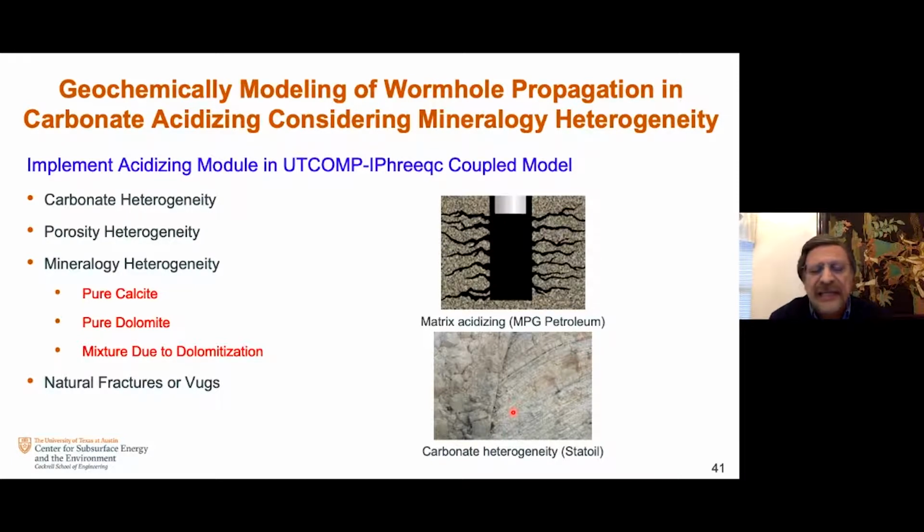Of course, we've looked at sandstones as well, but here creating wormholes. Once again, that needs the application of geochemistry modules. As I will talk about, it is also important to look at a combination of these, the geochemistry with handling fractures, geomechanics, and so on in the entire simulator.